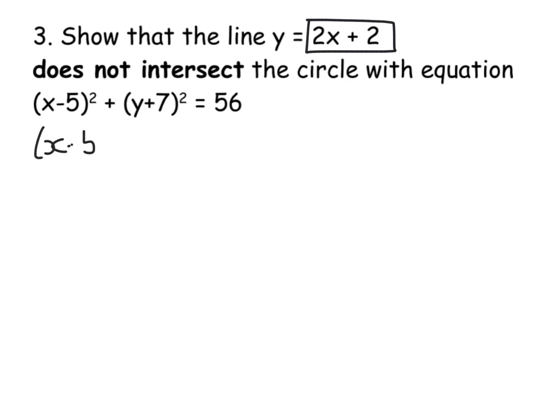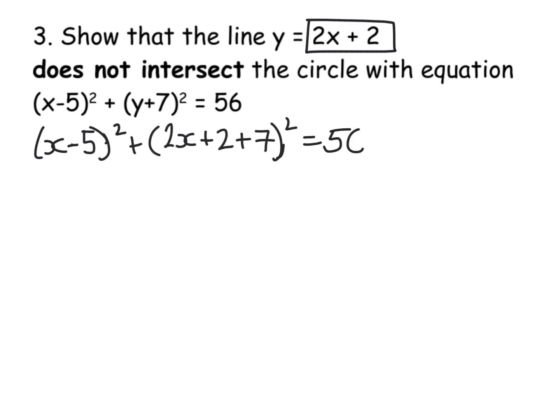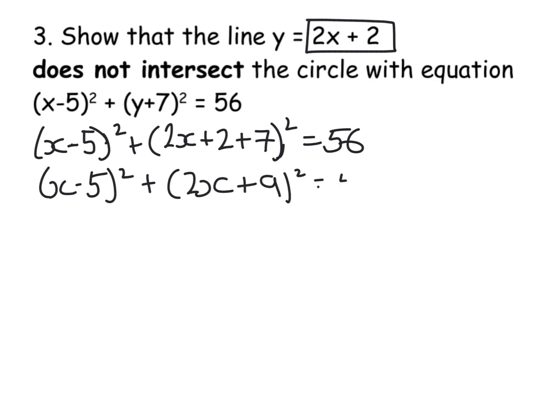Right, so we have x minus 5 all squared plus 2x plus 2 plus 7 all squared equals 56. Write this out again, x minus 5 all squared plus, right, so that 2x plus 2 plus 7 gives me 2x plus 9 to actually square out. Must tidy that up first, okay?